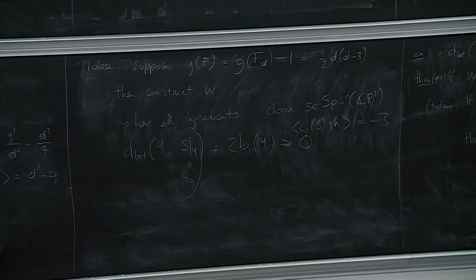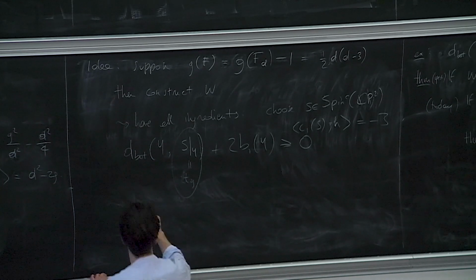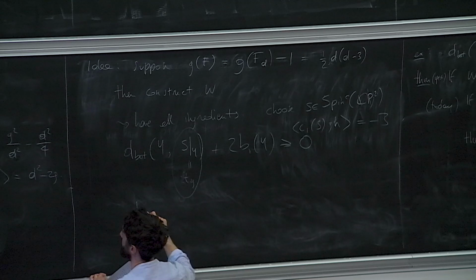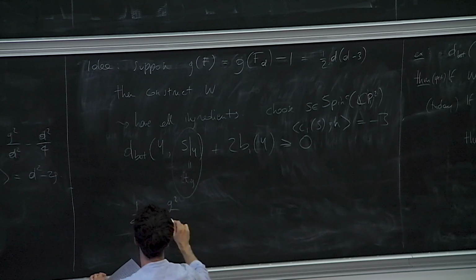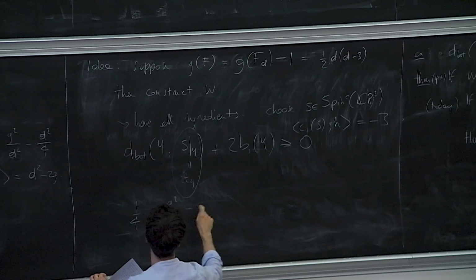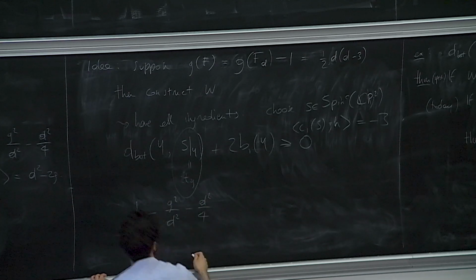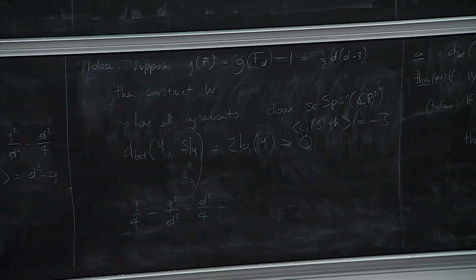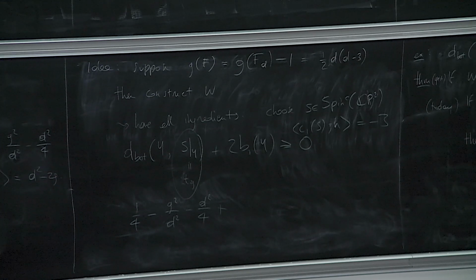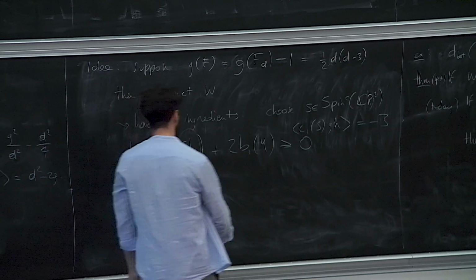But now we have the computation for d bottom. So this is 1/4 minus g squared divided by d squared minus d squared over 4 plus twice b1 of Y. And thanks to Gregor's question, we know that H1 of Y has free part of rank 2g. So b1 is 2g. So this is g.